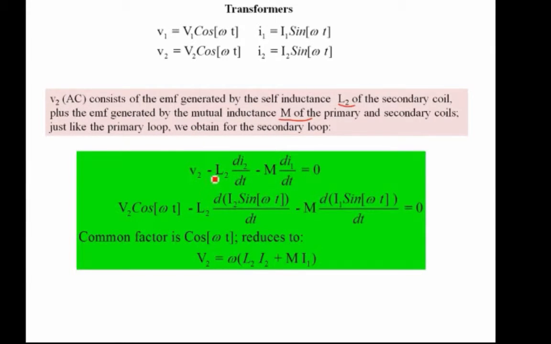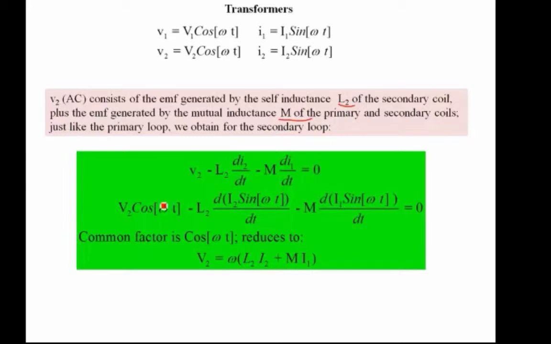So we have the back EMF in the secondary loop now. Here's the potential that goes to the load, and then there's the term dealing with the mutual inductance, and this time it's the change in I1 that is leading to a back EMF in circuit 2. And the sum of that, if we go around the loop, is equal to 0.